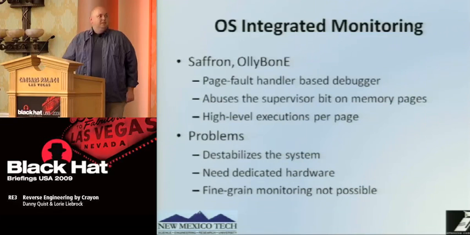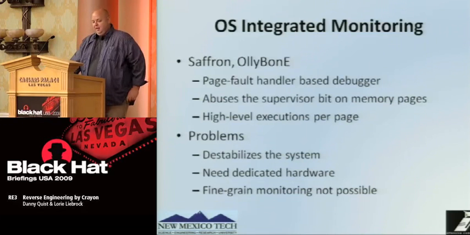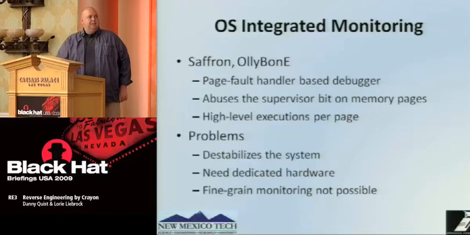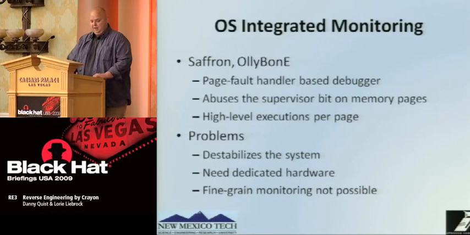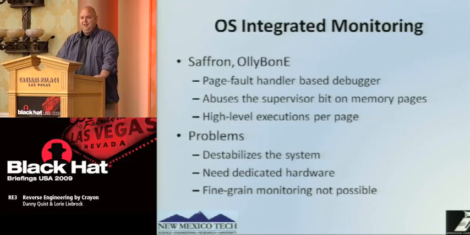Okay. Operating system-based monitoring, so these are things like Saffron or Ollibone. What these do is they abuse the page fault handler in a running system to achieve some sort of single stepping or control over the running process. So typically what happens is that they abuse the supervisor bit to generate page faults on every single execution, and intercept those. The problem with this is that the only granularity you actually get on these executions is based on the page boundary.